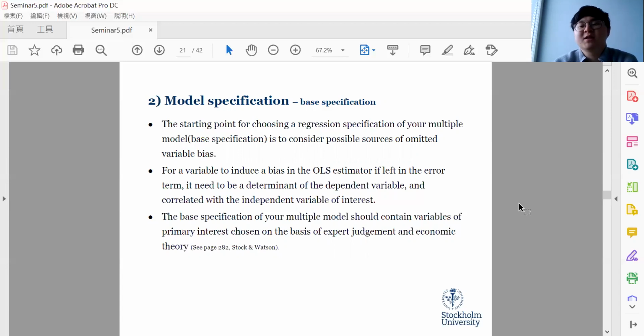So you need to justify why you put those variables in your regression. It's not that you should pick as many variables as possible. You need to justify the reason why you put each variable in your regression.